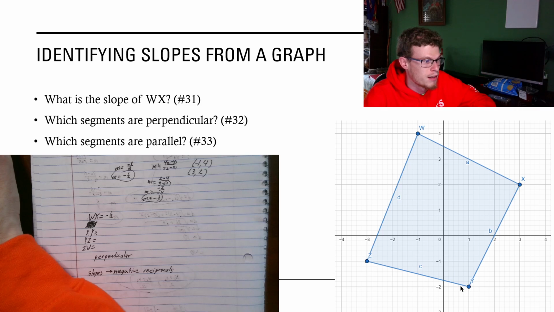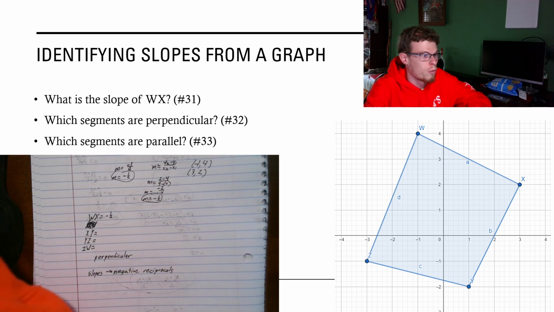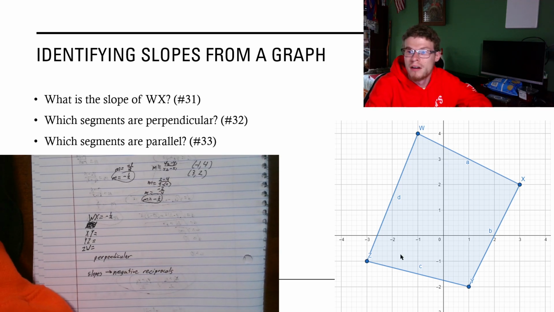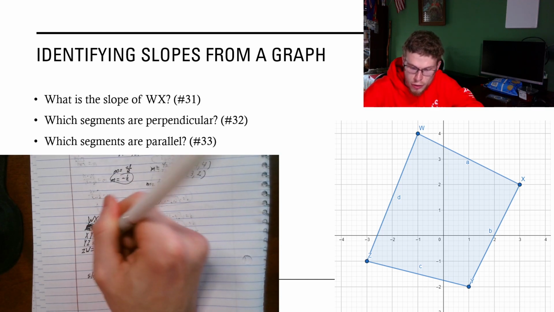So let's do that. Okay? Up 2, that's our rise, over 1. Up 2, over 1. Okay, you can see that an ordered pair is attached to this point here, so you can just go from here and say, I'm going to go up 2 over 1. My rise over run is 2.